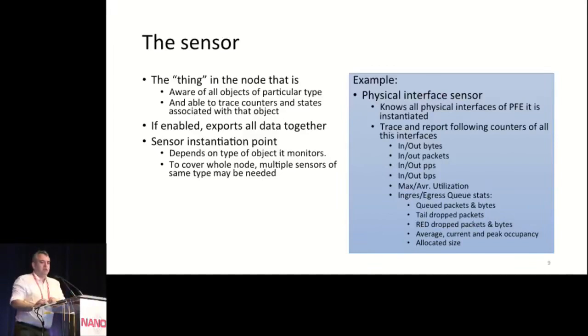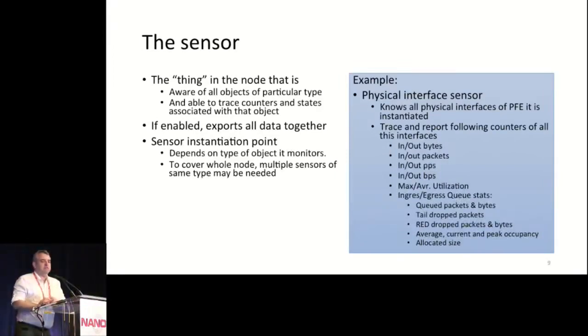I will also use the concept of the sensor later in my talk. A sensor is a thing which sits inside the router, inside the network node, which is aware of the objects it is going to measure or monitor, and not only of one attribute, like one counter, but a set of counters. You can see the example, right?